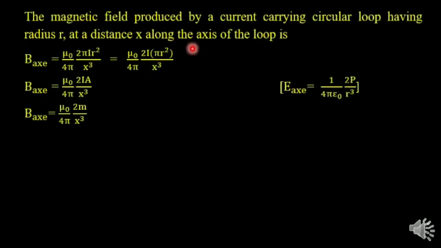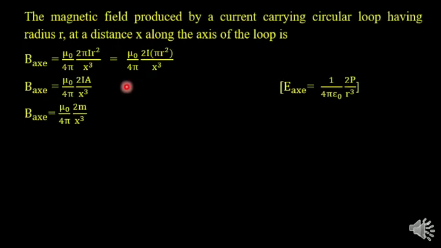But pi r square is the area of the loop, which is capital letter A. So, B axial equals mu 0 divided by 4 pi 2IA divided by x cube.